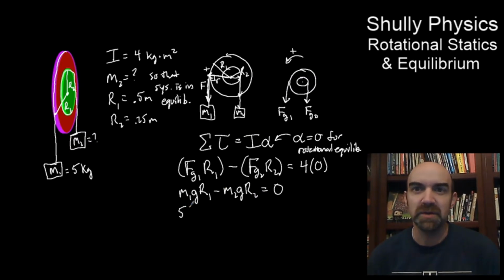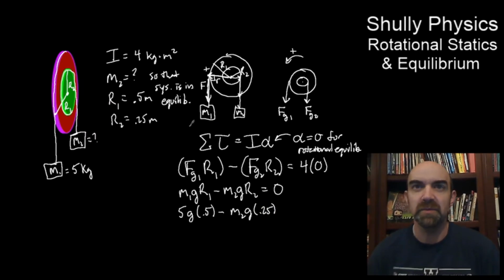I'll leave G right here because I know a secret. R1 is 0.5, and mass 2 is our unknown. And there's G, given a radius 2 of 0.25 meters. So I'm using our given information from the beginning.